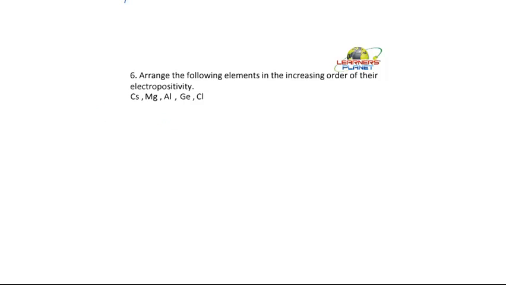electropositivity, right? Now let's see what happens to electropositivity. It increases down the group, right? And along the period it decreases. Okay, now let's see these elements belong to which groups and periods.